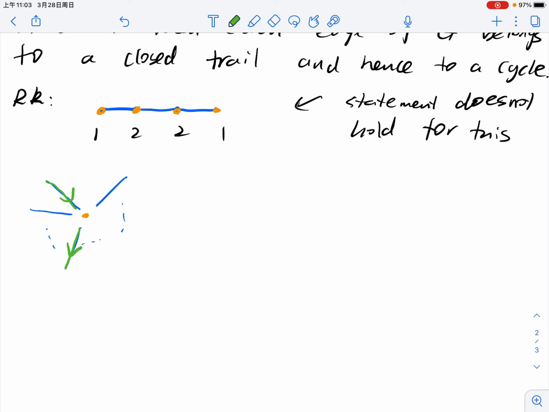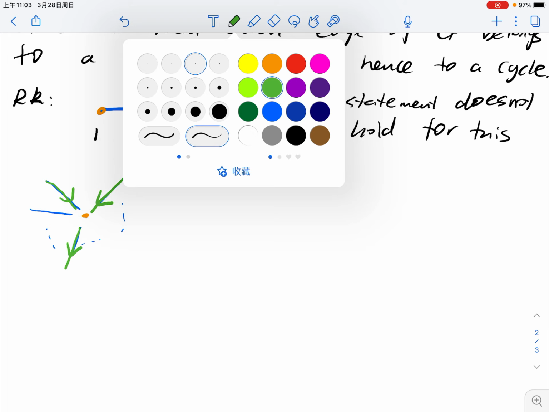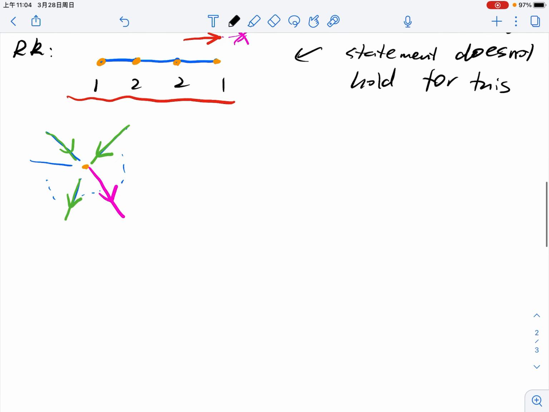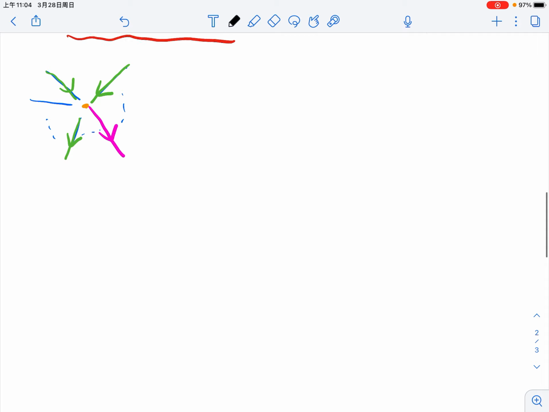That means whenever you flow in, you can always find some edge that flows out. You will not stop there. This is not the case for the previous graph, the line case, because when you flow into the endpoint, you never get out. So this is the reason why we want even degrees.